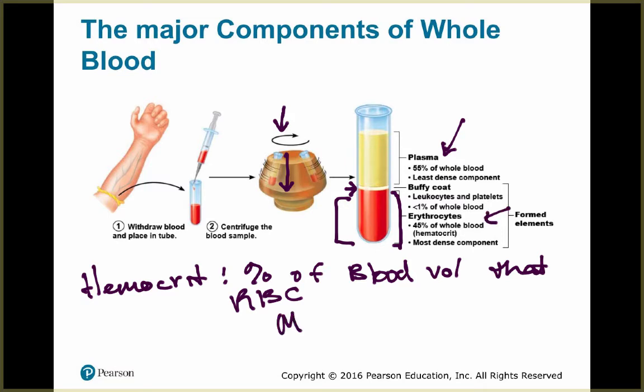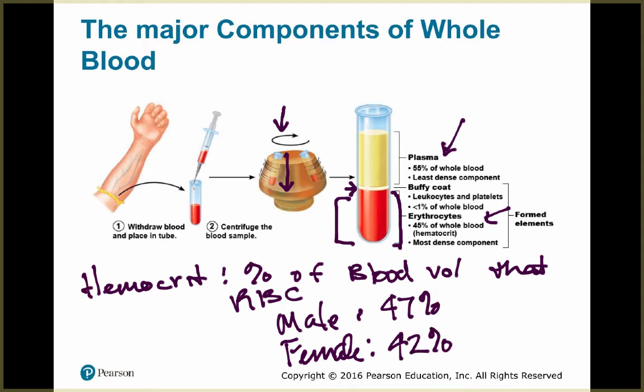Now that differs a little bit between male and female. Which one do you think is going to be bigger, male or female? Hopefully you realize males are bigger in this sense. They're at 47% versus women at 42%. And both of these are plus or minus about 5%. Why do you think that's the case?